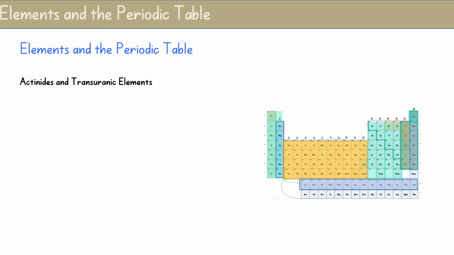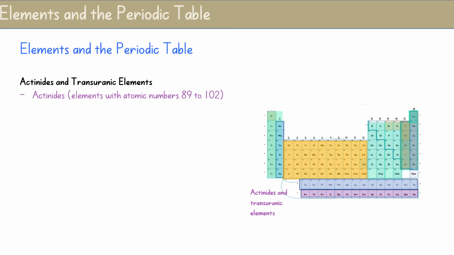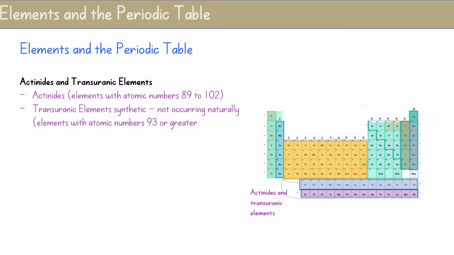And now we have actinides and transuranic elements. And they're found at the very bottom of the periodic table. Actinides are the elements with atomic numbers 89 to 102. Transuranic elements are synthetic and not occurring naturally.